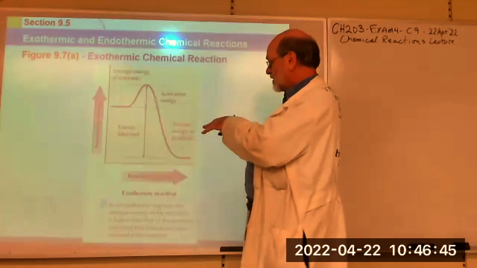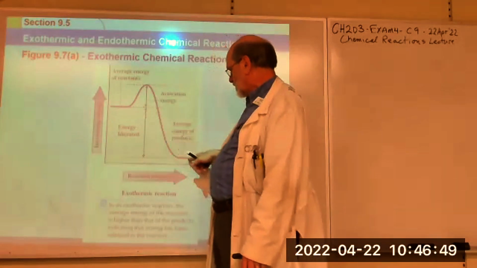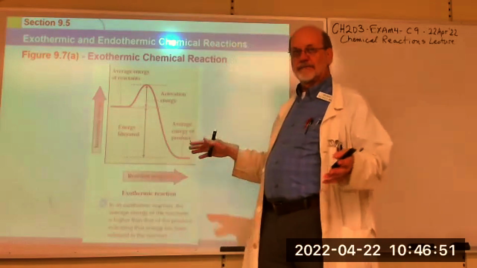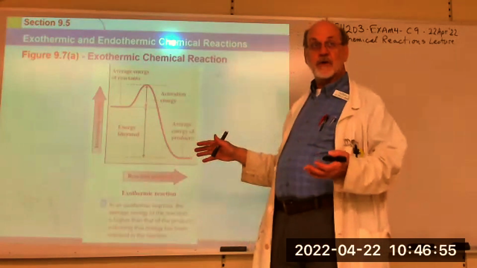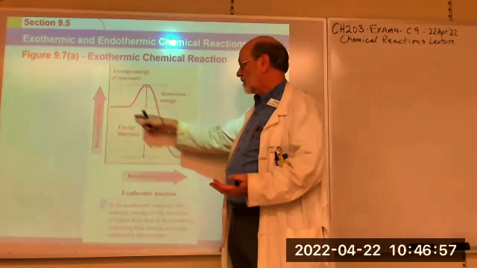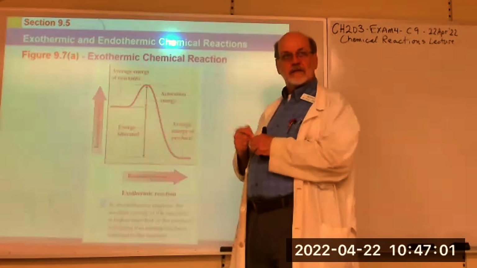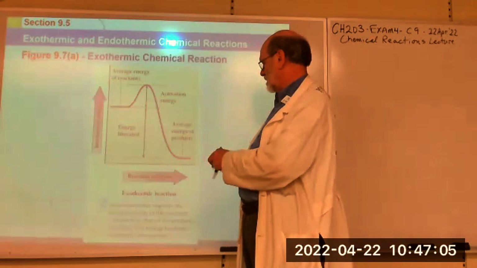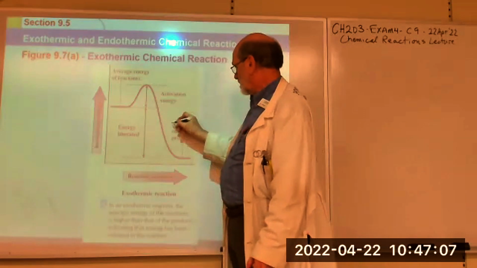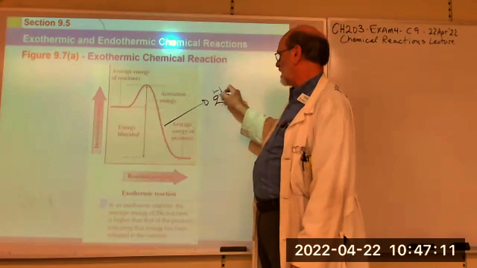So you have actually started off with more energy than you ended up with. Where did the energy go? You can't create or destroy energy. It's got to go somewhere. It's exothermic. You started high, you end up low, it gives off heat. So the heat is here, and it will have a negative sign.